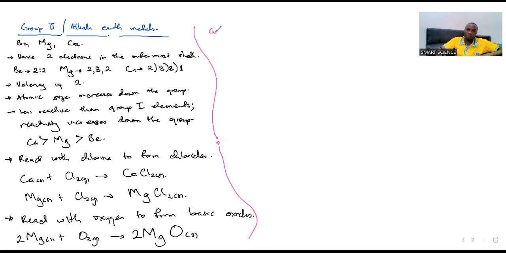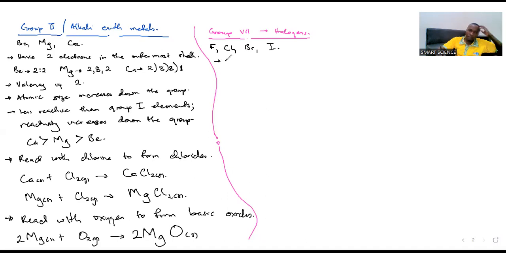We shall go to group 7 elements, also known as halogens. These ones include fluorine, chlorine, bromine, then iodine.